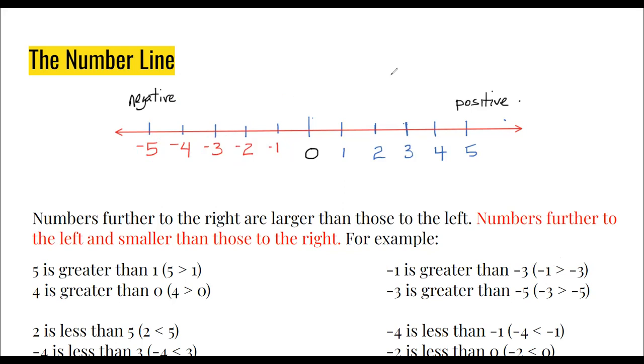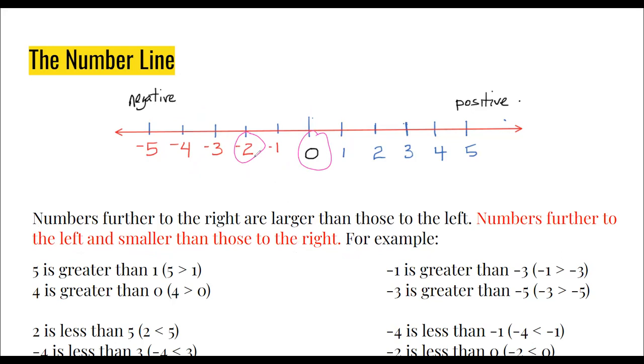So -4 and -1, which one is smaller? -4, because as I said, numbers further to the left are smaller than those to the right. So -4 is less than -1. And what about -2 and 0? Which is smaller? -2.